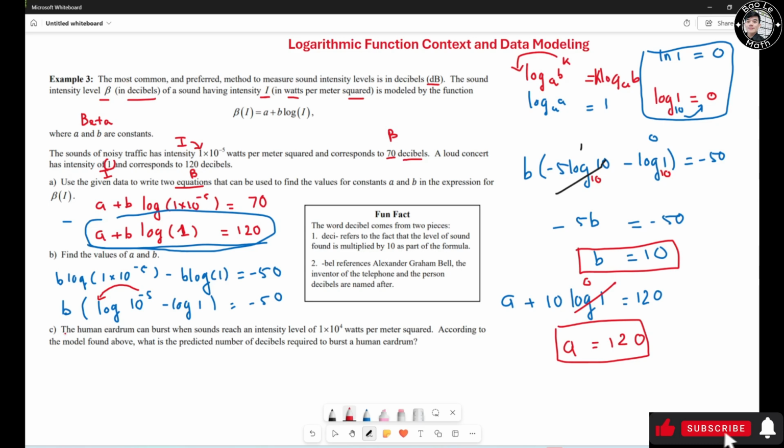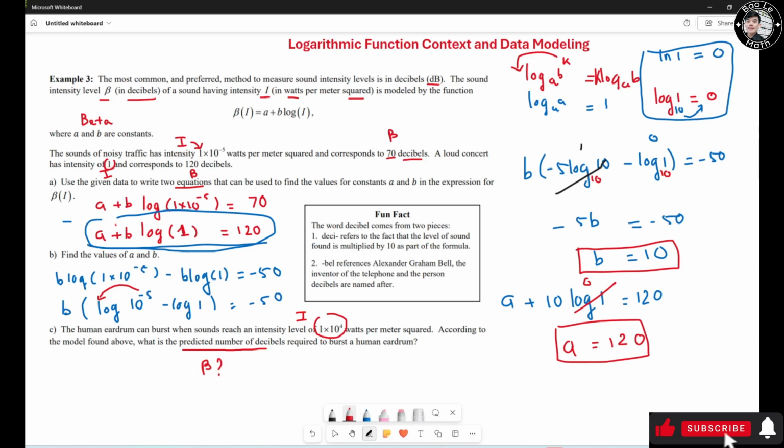Now, question C. If you're given I equals this guy, according to the model found above, what is the predicted number of decibels required to push a human eardrum? So we need to find beta equals how much.